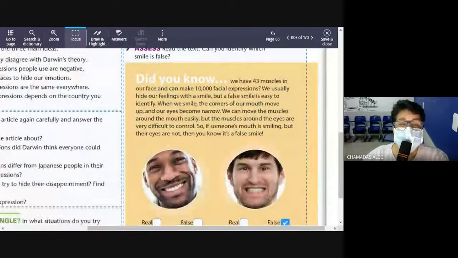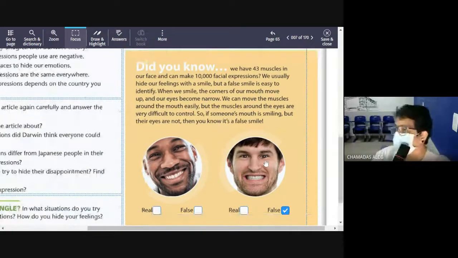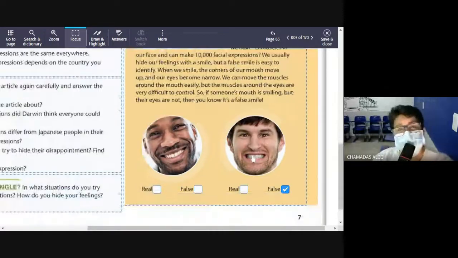So when someone is smiling behind the mask, it's easier to notice because you see the eyes a lot nowadays. So if the eyes are not smiling, then you know the smile is fake. Okay? That's a nice tip, isn't it?